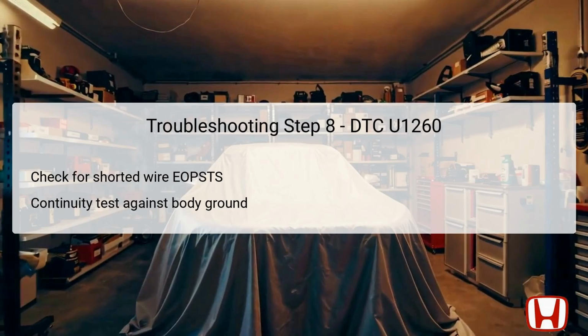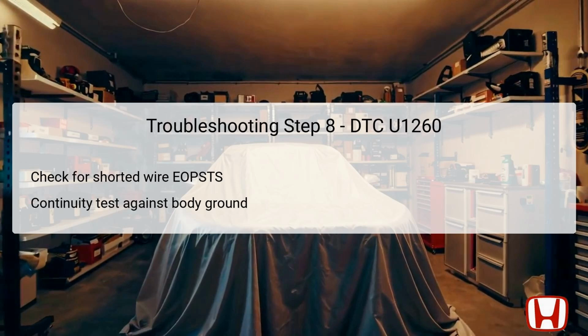The 8th troubleshooting step consists of checking if the EOP-STS line has been shorted to ground. Just like the previous checks, ensure the vehicle is in the off mode and that the TCM 50P connector remains disconnected. The test involves measuring continuity between the EOP-STS line's test point and body ground.